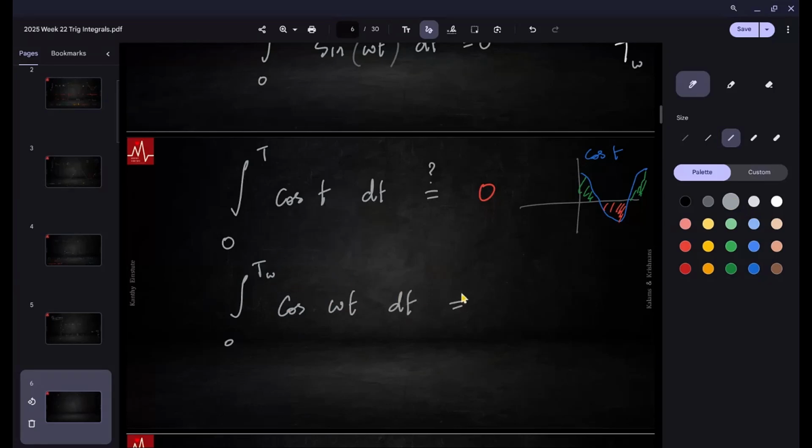How much is this? This is 0. Again, notice your omega is 2 pi by t subscript omega, because I'm trying to differentiate this omega. All right.